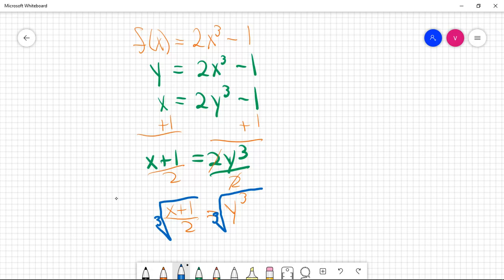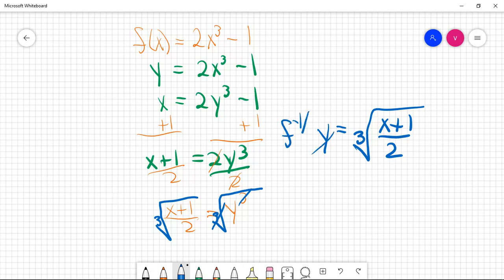Okay, so the cube root and the cubing cancel each other out. So you're left with y equals the cube root of (x plus 1) over 2. And it's not really y, it is f inverse of x. And there you go. So I think I'm going to call this a day here.